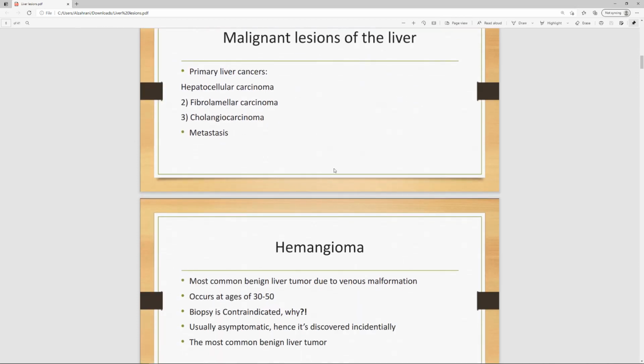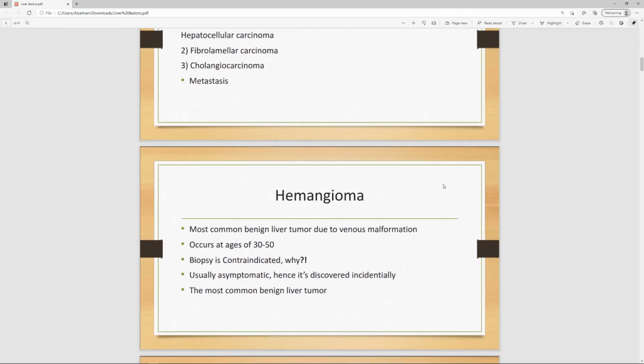First thing, let's start with hemangioma. What does hemangioma mean? Basically, hemangioma is a benign proliferation of blood vessels. It could be found in the skin, and in many internal organs. We will be talking about hemangioma of the liver.